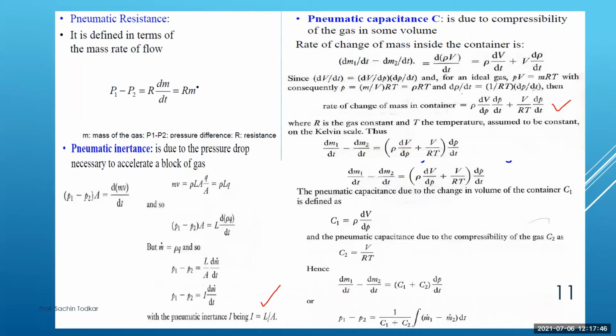So we have to remember this capacitance formula. C1 will be equal to this one and C2 will be equal to this one. You will get two capacitances in case of pneumatics, because in pneumatics we are going to consider change in volume also. So this is change in volume with respect to pressure.